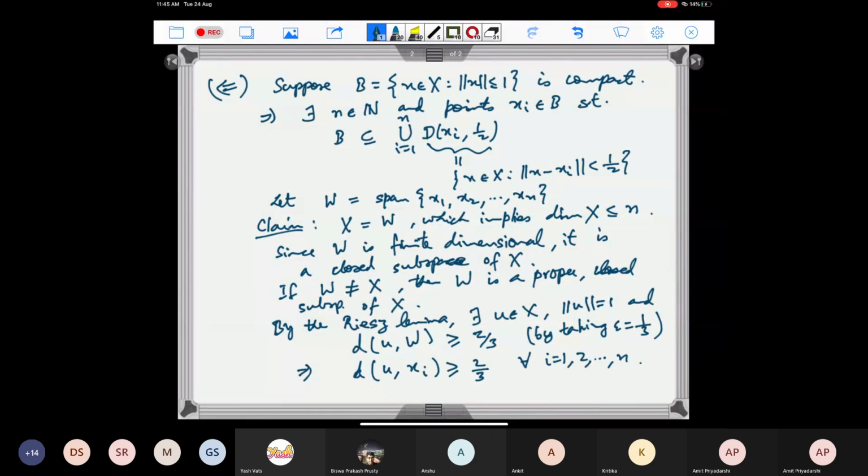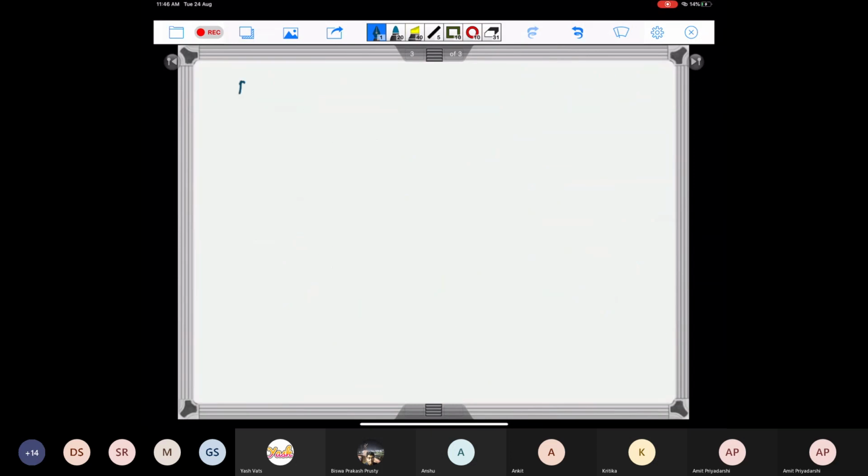But here we got u. So since norm of u is equal to 1, u belongs to B. But u belongs to B, and B is a subset of the union of the balls B(xi, half).